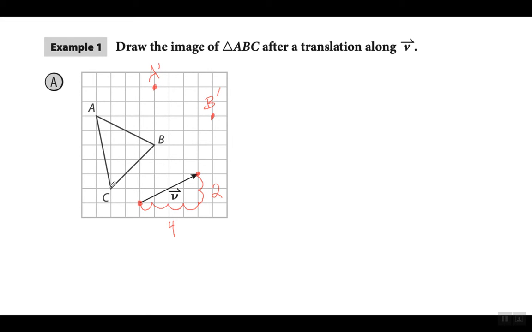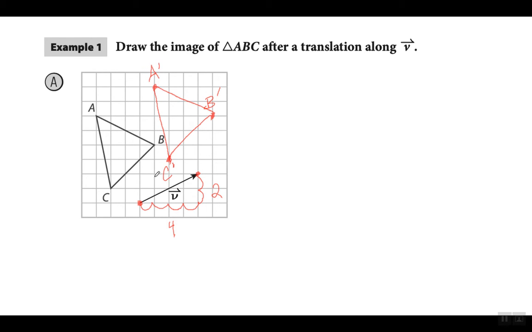And now C, same thing. 1, 2, 3, 4, and 1, 2. That would be C prime. And now I just have to connect the dots. Let's see how well I can do that. Okay, and that's it. I'm done.